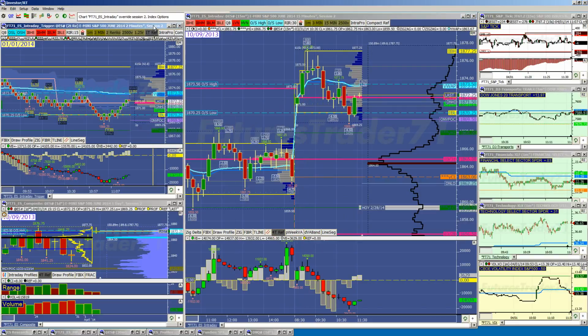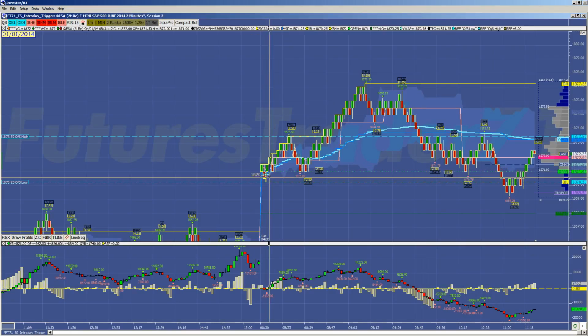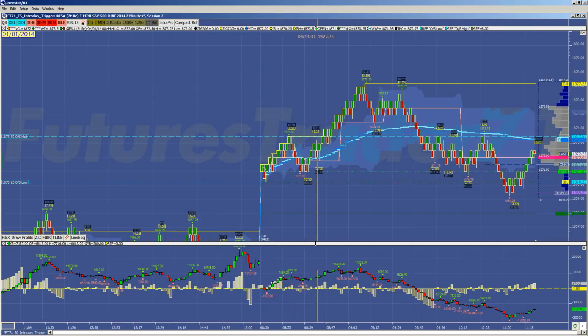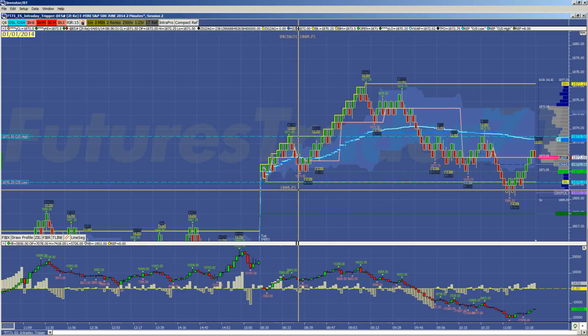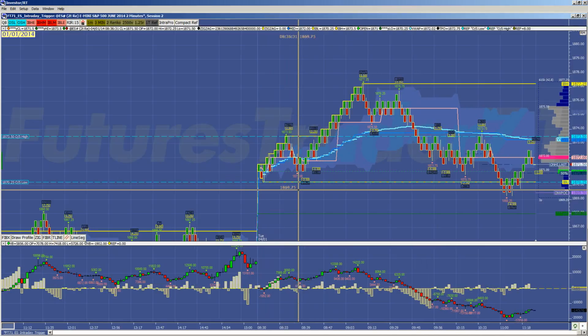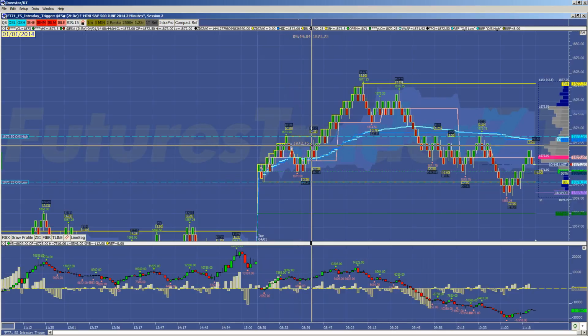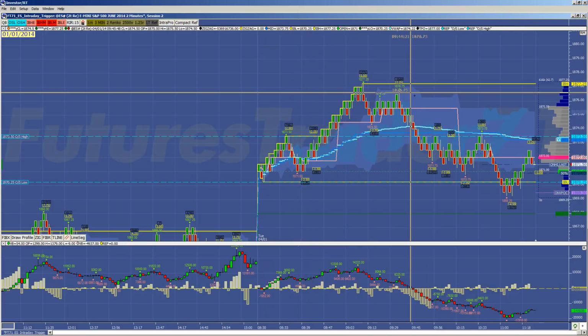Today it traded both sides actually. It opened and it just chopped back and forth. This is an open auction. This means that day traders are likely to be in control, and there isn't a huge institutional participant in the auction, and so it's likely to chop around and likely to reverse at some point in the day.